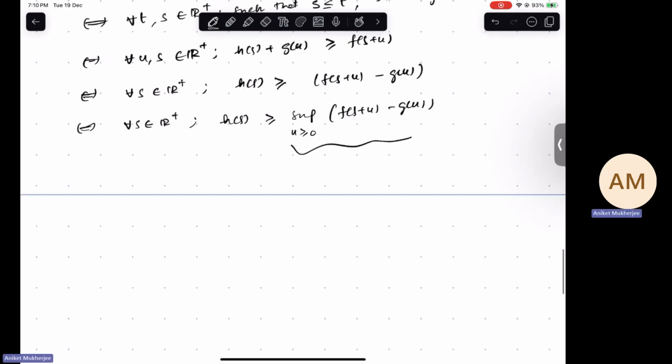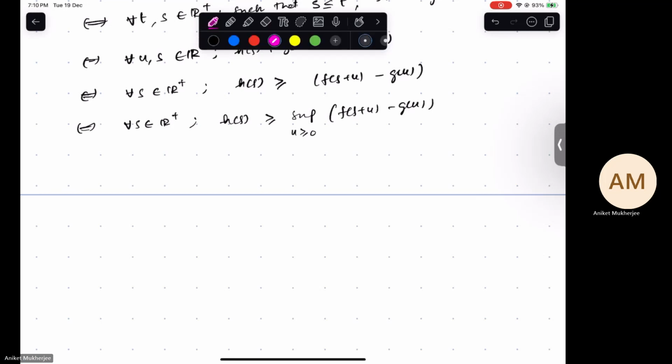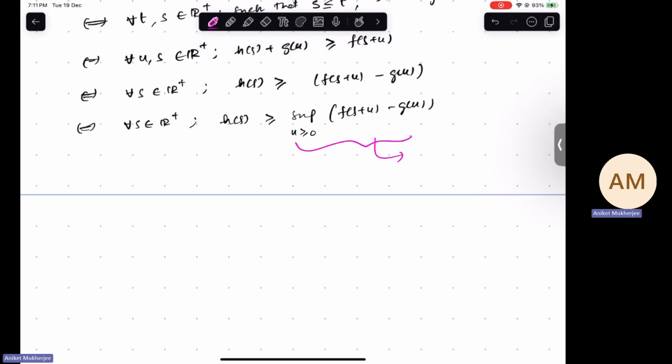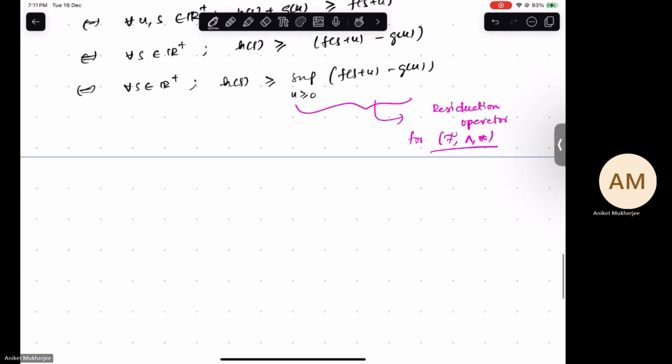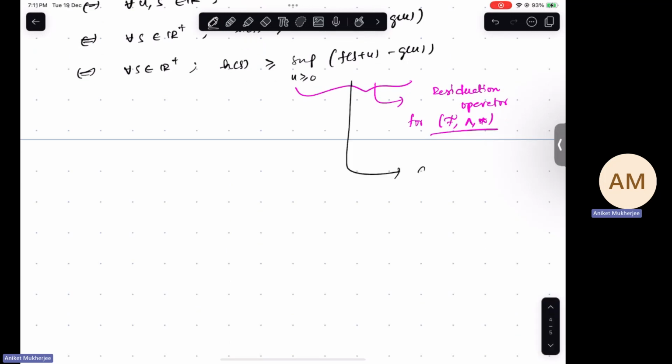Now this operation, we call it the residuation operator for the set of min plus functions, with pointwise minimum and the convolution operator. This is what we'll start defining as the deconvolution operator.